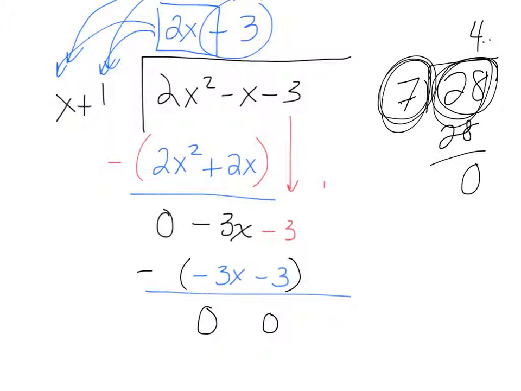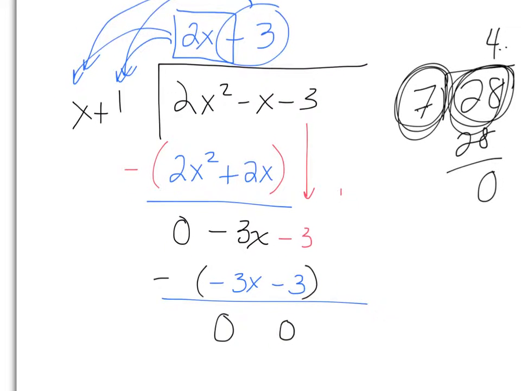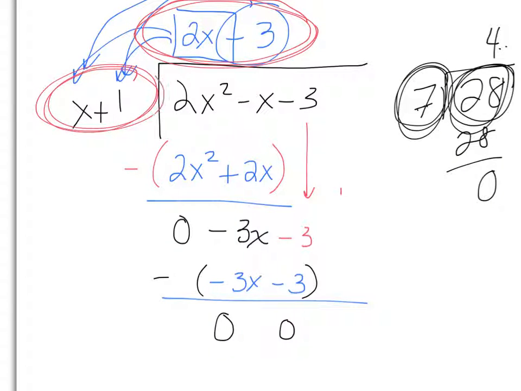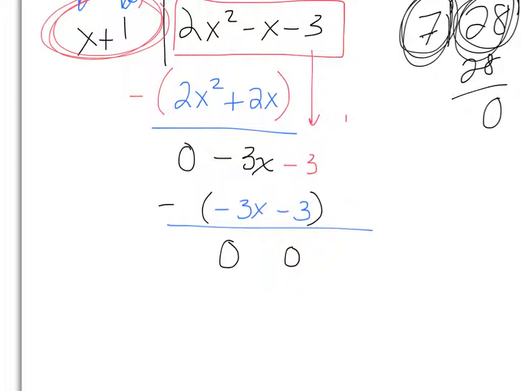So as a result, what can you conclude? X plus 1 and 2x minus 3 are factors of 2x squared minus x minus 3. Yeah, this at the top and this on the side, those red circles I just circled, are the factors of the dividend. Again, your answer was 2x minus 3 with a remainder of 0.